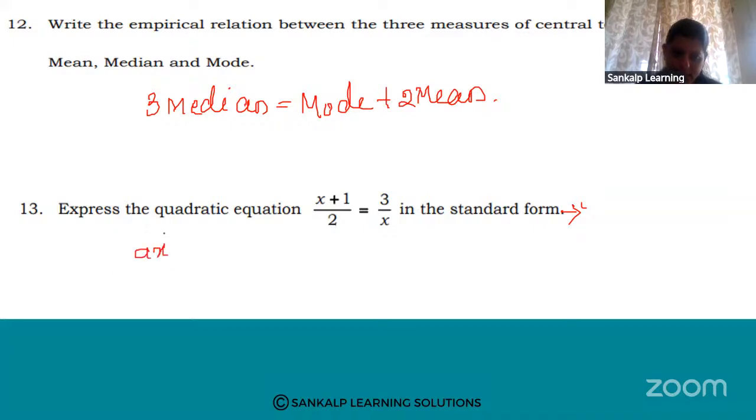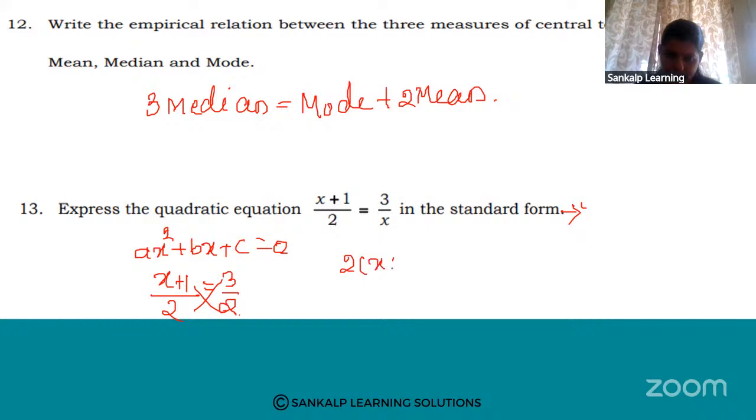That is ax square plus bx plus c is equal to 0. Right? Now what is our equation? That is x plus 1 divided by 2 is equal to 3 divided by x. Now, do cross multiplication. That is 2 into x plus 1 is equal to 3 2s are 6. Right? 2 into x plus 1, 3 into 2, that is 6.